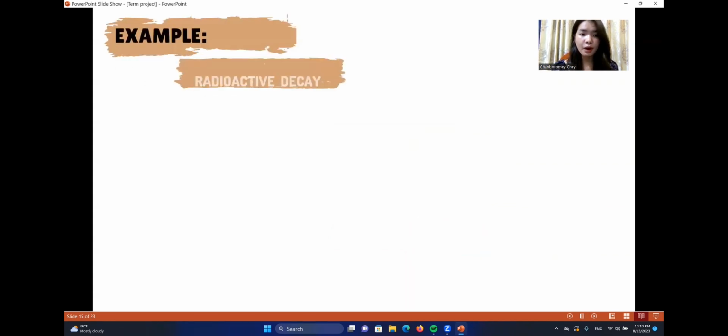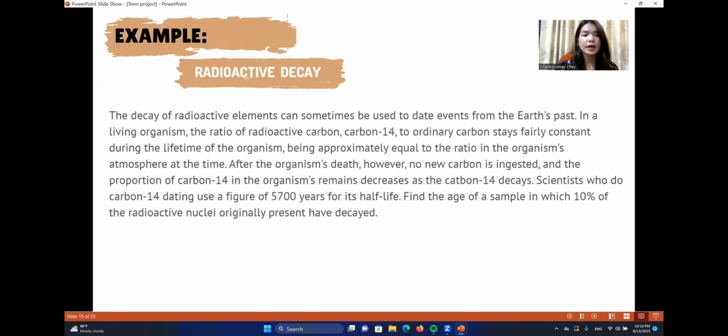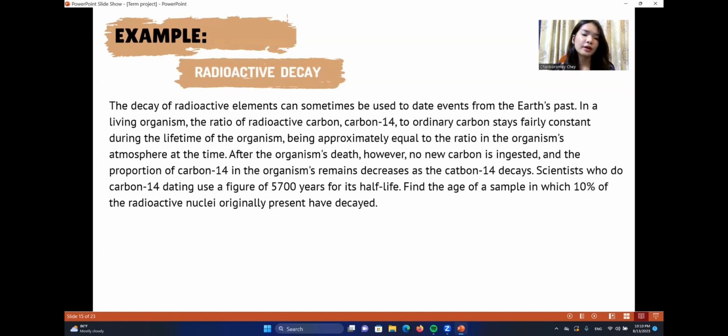So for the example of radioactive decay, the decay of a radioactive element can sometimes be used to date events from the Earth's past. In a living organism, the ratio of radioactive carbon-14 to ordinary carbon stays fairly constant during the lifetime of the organism, being approximately equal to the ratio in the organism's atmosphere at the time.